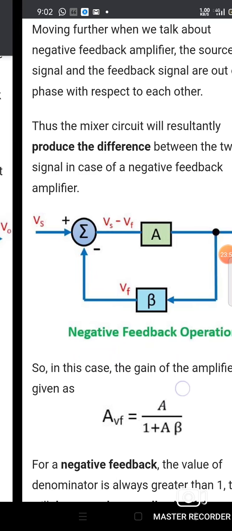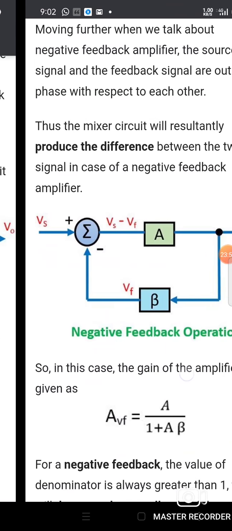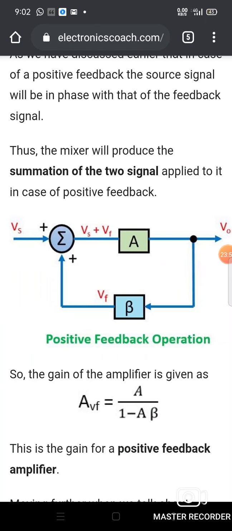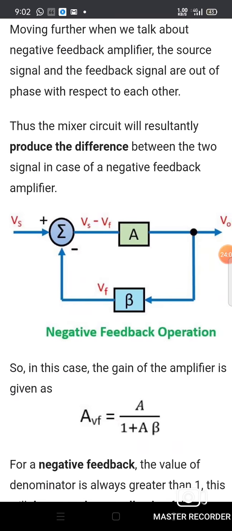Okay, so these two equations are very important, for the problems also. The derivation is very important. They will ask the question, derive the gain of the amplifier with feedback. You have to get all the equations, and finally indicate in the block AVF is equal to A by 1 plus or minus A beta.